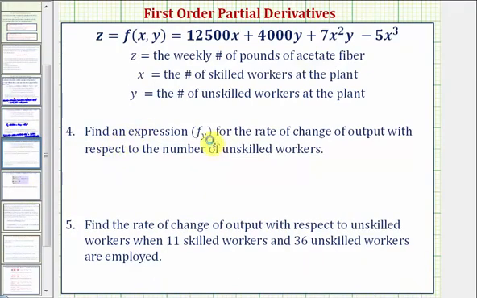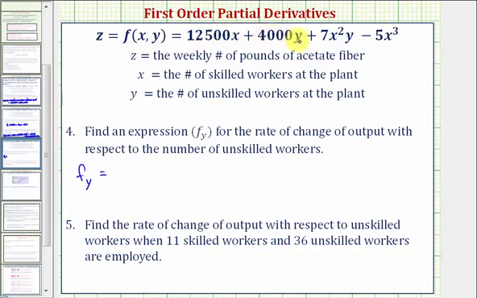Next, we're asked to find an expression for the rate of change of the output with respect to the number of unskilled workers. And again, because y equals the number of unskilled workers, we now want to find the partial derivative of f with respect to y. To do this, we'll differentiate with respect to y, treating x as a constant. So the partial with respect to y would be equal to the derivative of this first term with respect to y would be 0, because we're treating x as a constant.